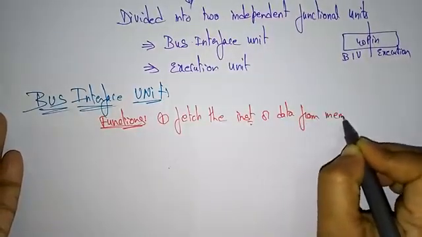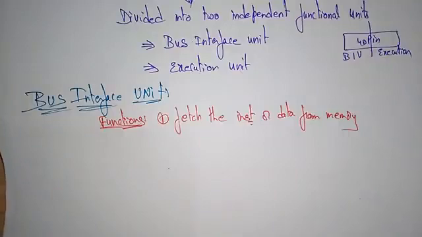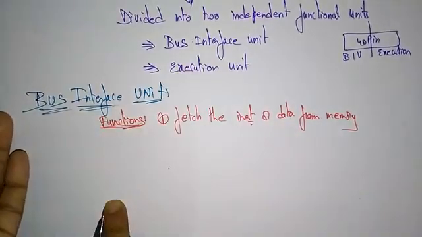The processor wants to execute something, so it has to fetch the data which the user is sending. The user is asking some queries, so the processor has to execute that. To execute that information, the processor needs to fetch the instruction or data from memory through the bus interface unit.